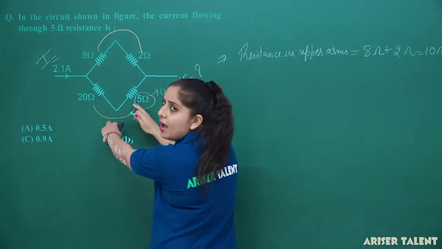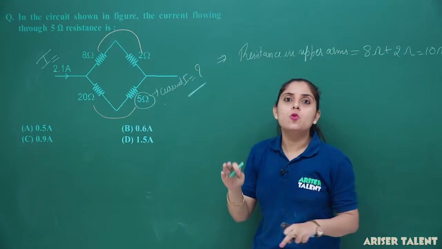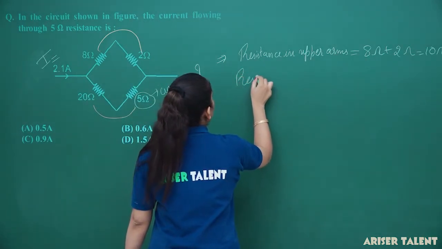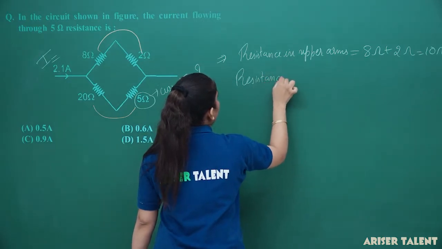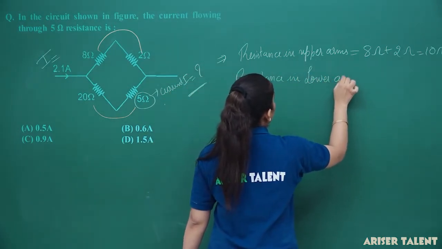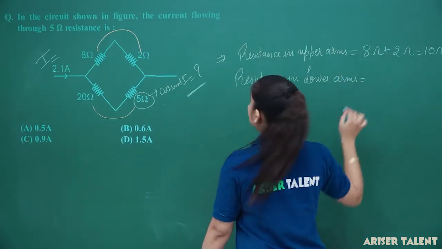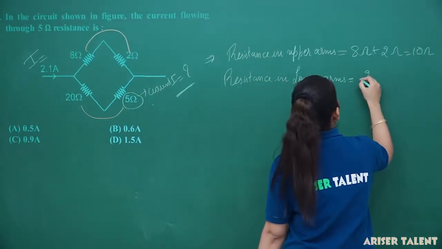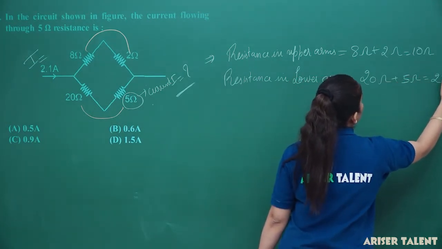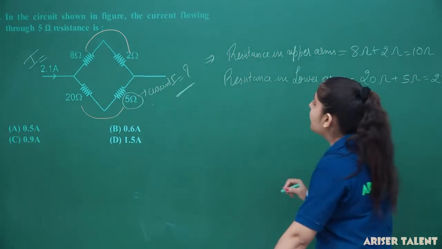This is our lower arms and the resistance in the lower arms will be 20 ohm plus 5 ohm, that is equal to 25 ohm.